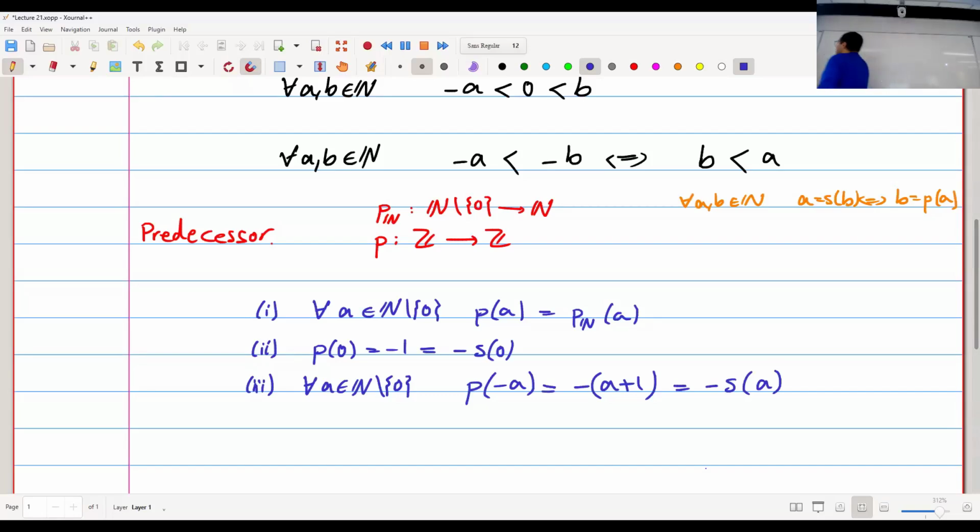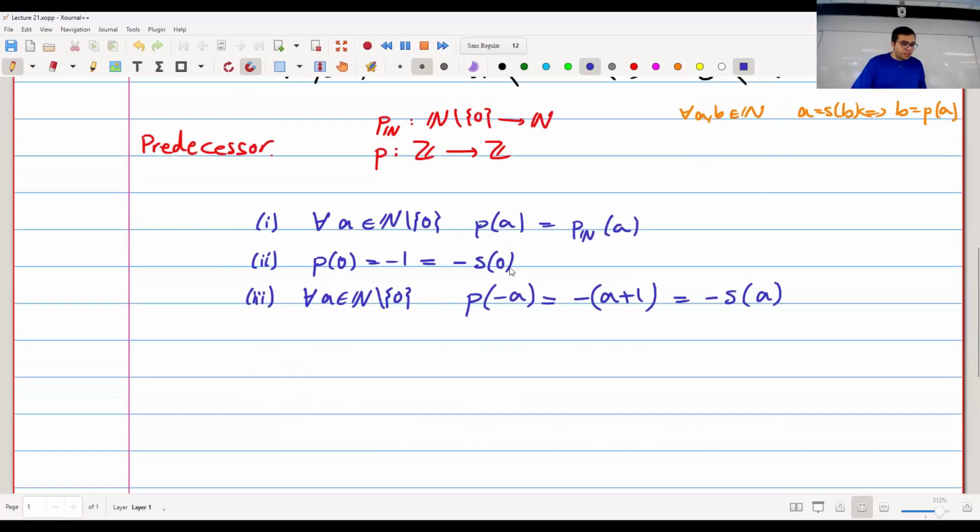And now that I have extended predecessor, I can also extend the successor function. Just use this, right? Successor and predecessor are opposite functions. I'm not going to write that one, but basically you can write rules for successor as well. Now I can also extend the other operations I had.